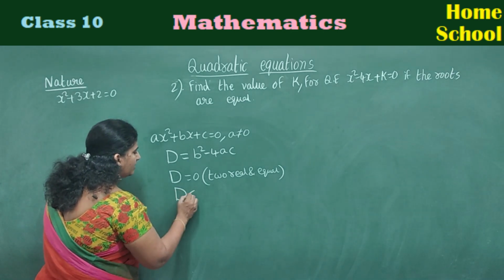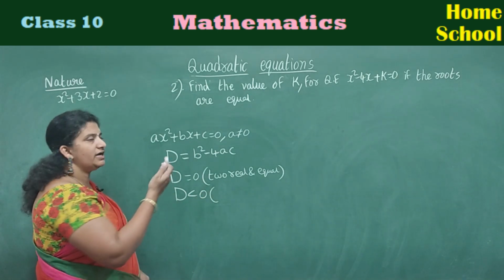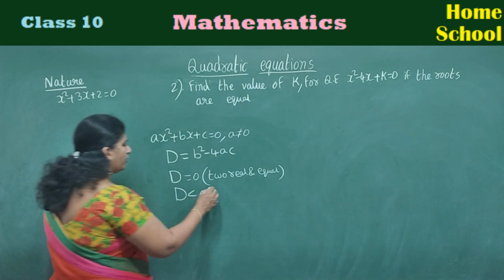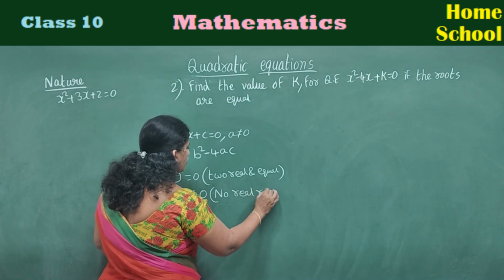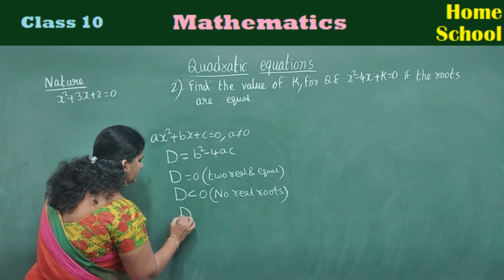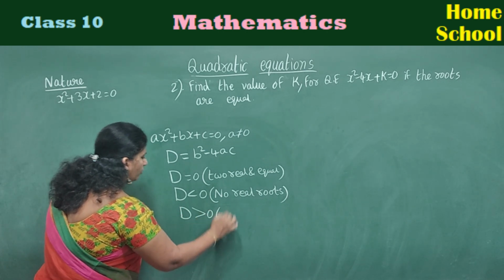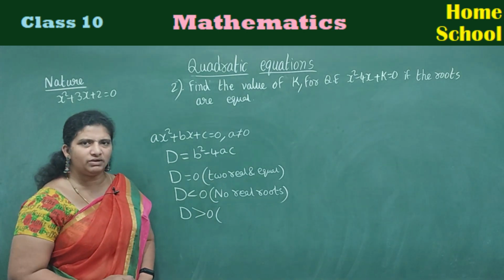Suppose if discriminant is less than 0, less than 0 means you get a negative discriminant value. Negative means what are you going to say? There are no real roots. Right? And the last one, if discriminant is greater than 0, it may be 1, 2, 3, any number.